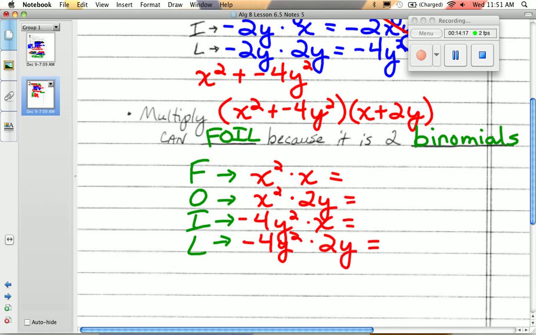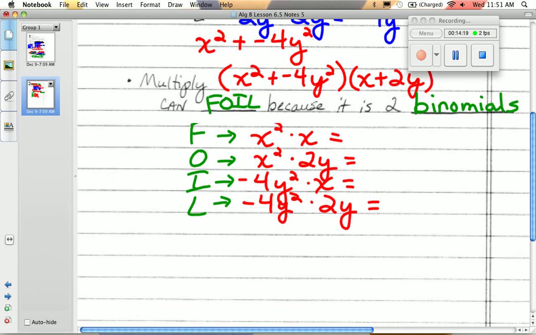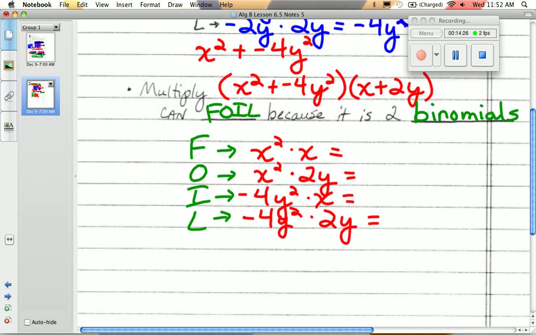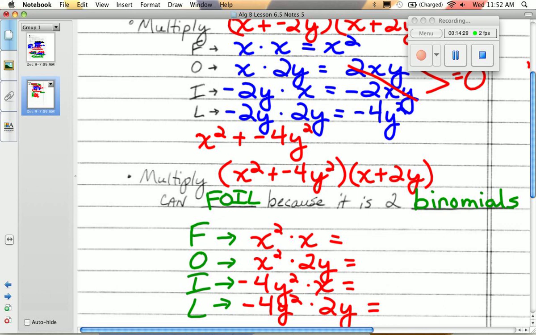Oh, if I didn't do this right, I would be so mad. Okay, I got my FOIL steps down, but I haven't done the multiplication yet. Can you scroll up to that last one? I can't look at yours until you put your answers down.